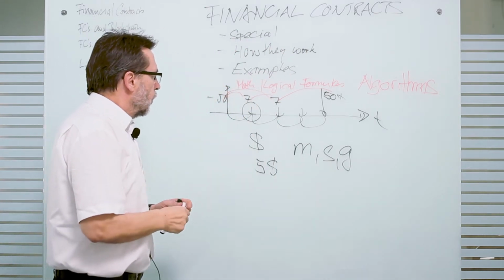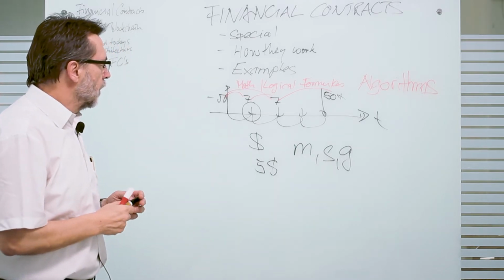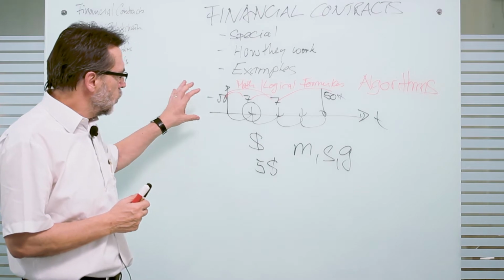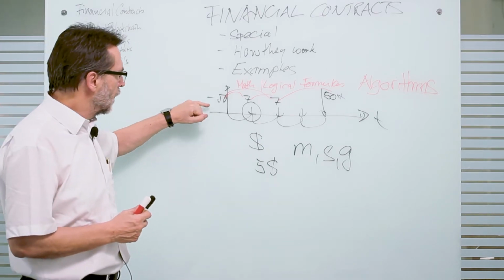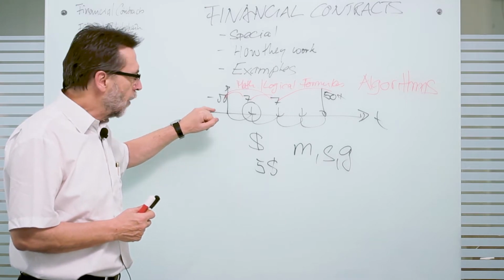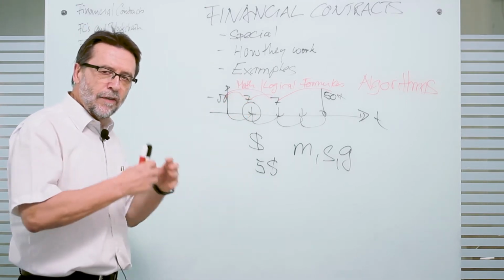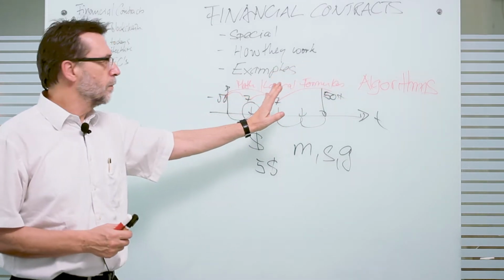So the financial contract is therefore representable by algorithms. We have some initial input factors, for example, how much I gave you here, how often you pay interest, how high the interest rate is. Given that, plus these algorithms, we can calculate everything.